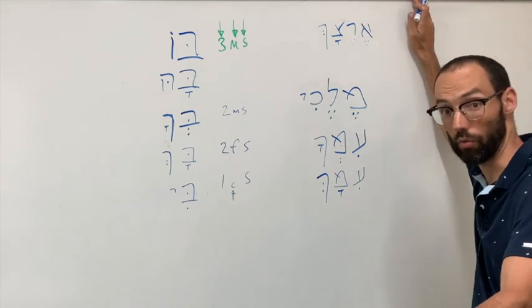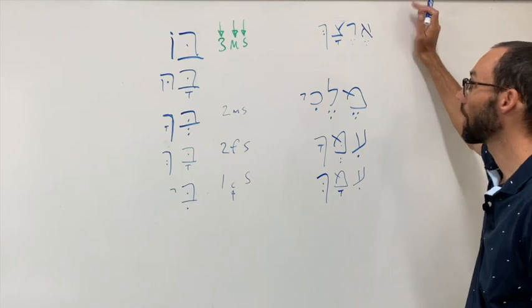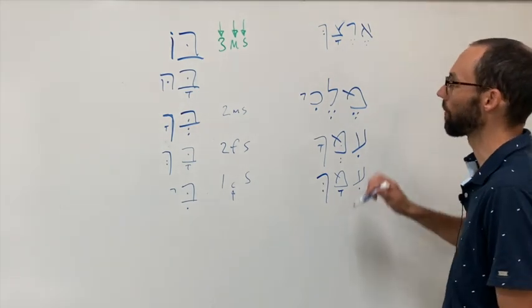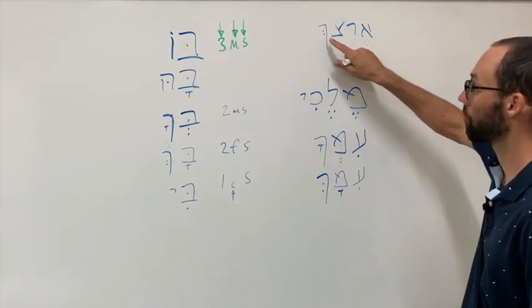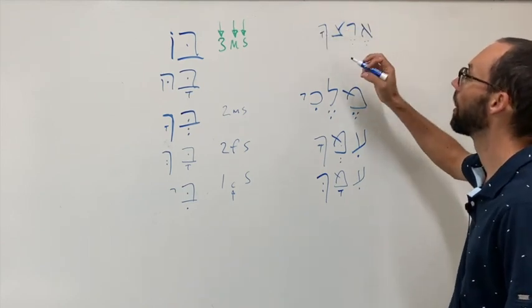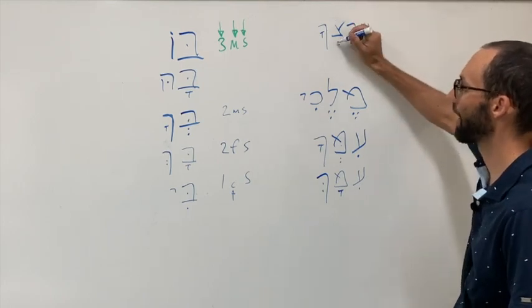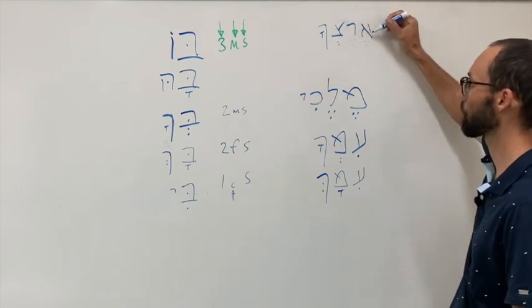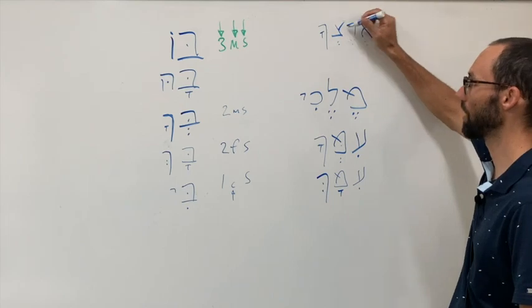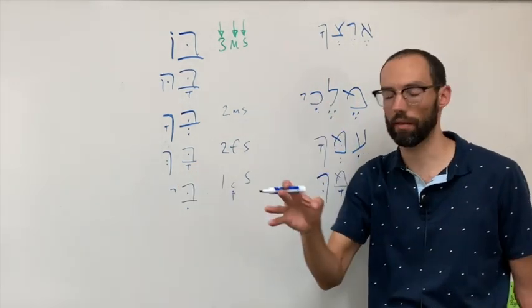And do you know which gender I'm talking to? I'm talking to a female here. Eretzak. If I wanted to say, talking to a man, I would say eretzka. Now that means I'm closing the syllable. So eretz, retz, ka. Your land, talking to a man or a boy.